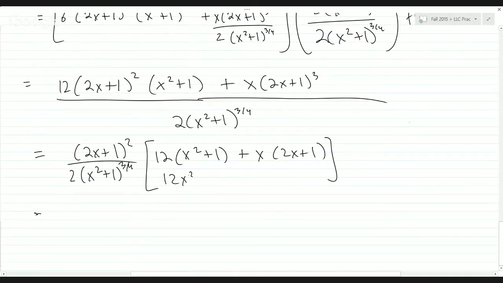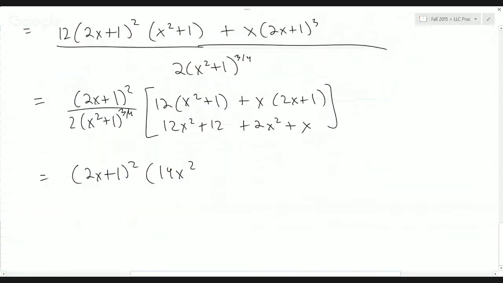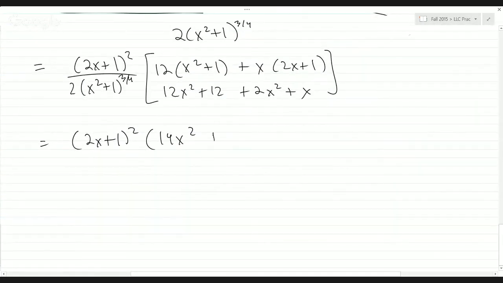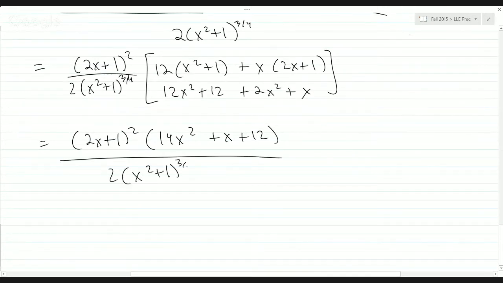This is 12x^2 + 12 + 2x^2 + x. So here we have (2x+1)^2 times (14x^2 + x + 12) all over 2 times (x^2+1)^(3/4).